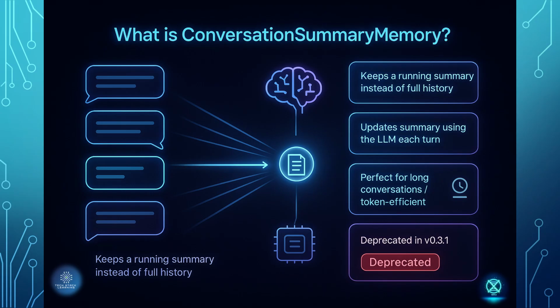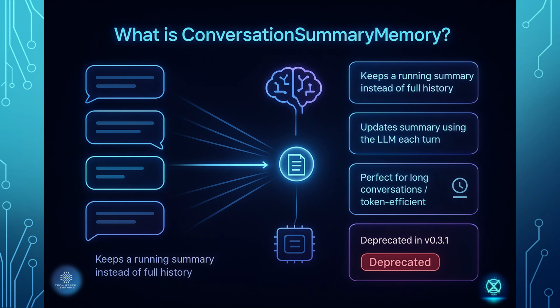Now let's see what conversational summary memory is. It is a memory implementation that keeps a running summary of the conversation rather than the full message history. That is why we use conversational summary memory. After each turn, it updates the summary using the LLM, allowing you to maintain a compact semantic memory across long sessions.